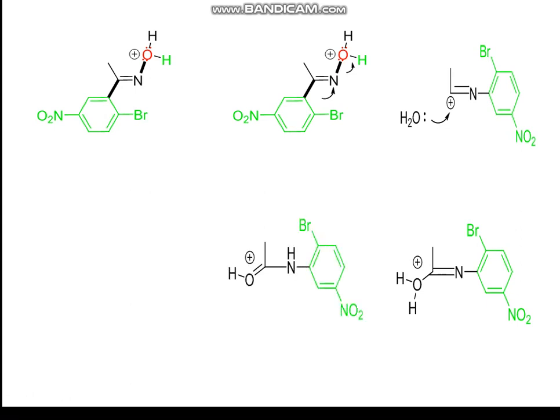Now upon formation of the ketone group and successive steps, after a couple of steps, you will get the product that was really formed. So that is how we analyze or propose the mechanism by taking into consideration the product that is formed and comparing it with the already known reaction. Thank you.